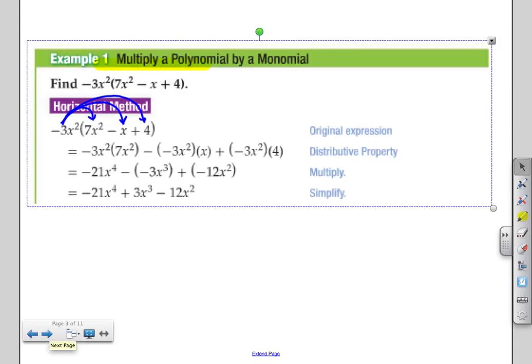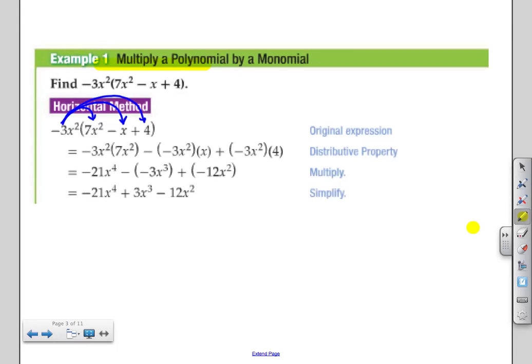Negative 3x squared times the 7x squared, right? And then we're going to take negative 3x squared times the x, and then negative 3x squared times the 4. And actually multiply that out, and you get negative 21x to the 4th minus 3x cubed plus a negative 12x squared.